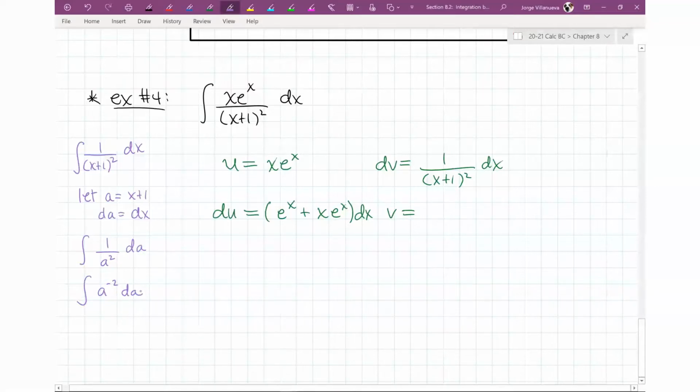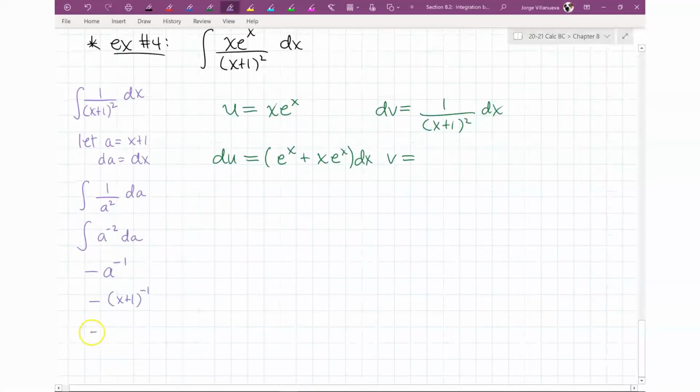Now if I integrate a to the negative 2, that becomes negative a to the negative 1, because I add 1 to the power, so it becomes negative 1, then I divide by negative 1. So, of course, plus c, but I'm not going to worry about that. If I put the a value back in, this is negative x plus 1 to the negative 1, which comes out to be negative 1 over x plus 1. So that's my integral, 1 over x plus 1, but negative.